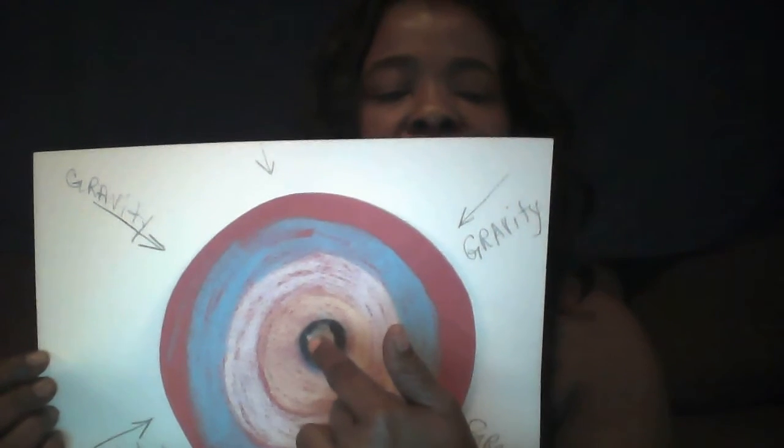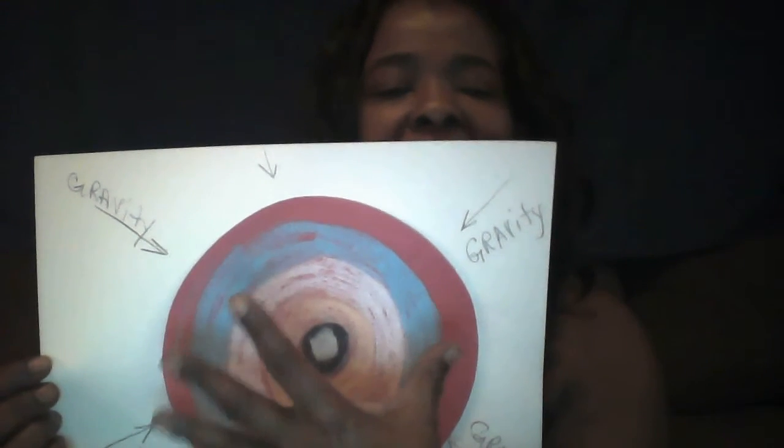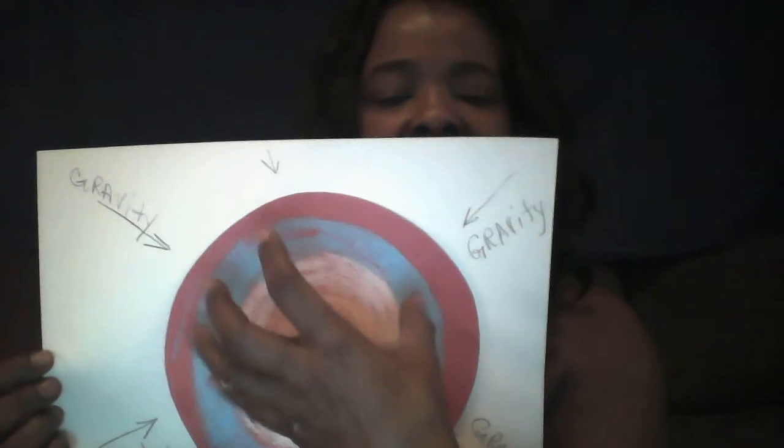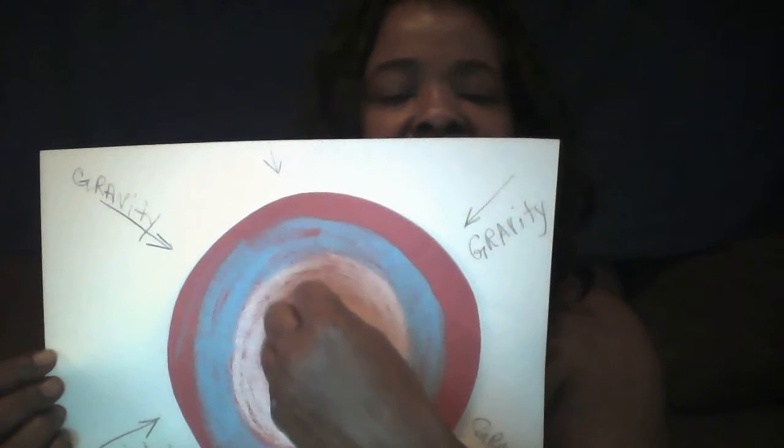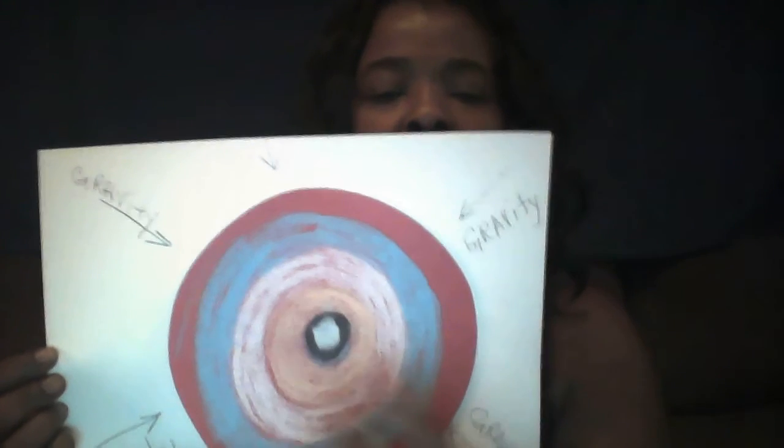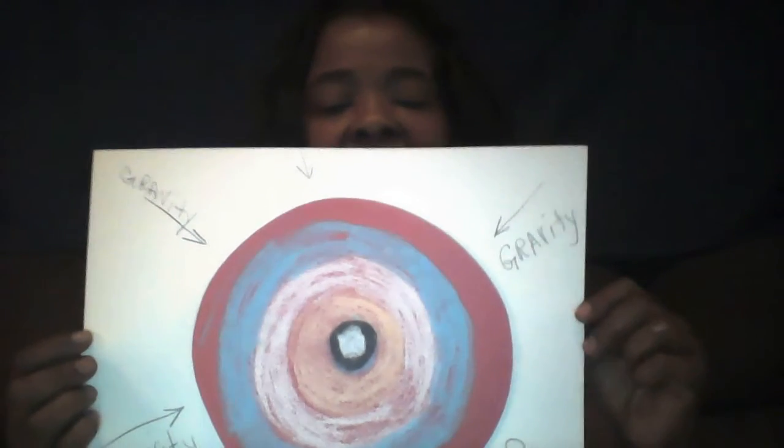Since there's no longer anything to push outward, gravity condenses this into just an iron ball, basically. And what we're left with is a center or core that has now become a white dwarf.